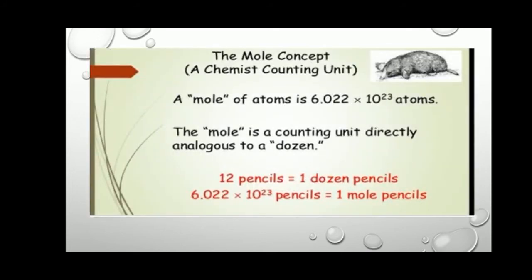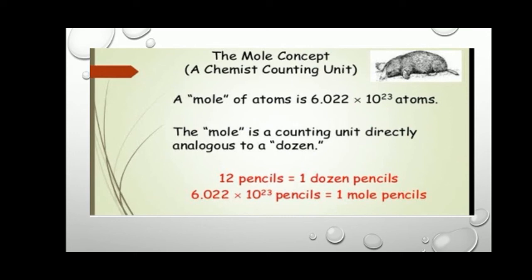We can also say the mole concept is the counting unit for chemists. As you have studied now, a mole of atoms is 6.022 into 10 to the power 23 atoms. So we can conclude here that the mole is a counting unit directly analogous to a dozen.